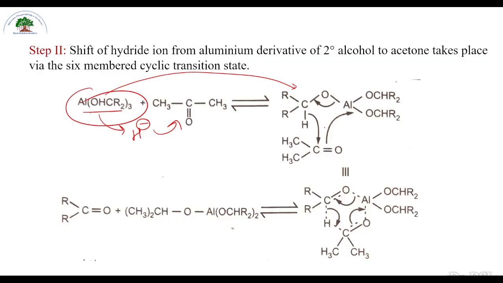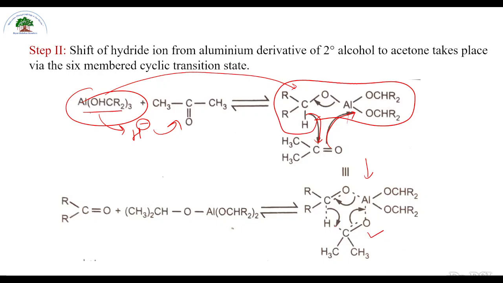Here, this is the structure. The aluminum derivative of secondary alcohol transfers this H minus to acetone, and the acetone forms a bond or coordinates with aluminum, and this gives rise to a six-membered cyclic transition state.